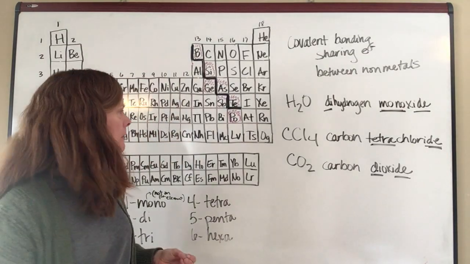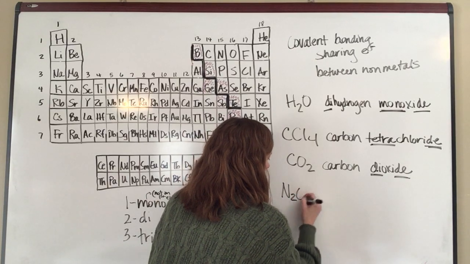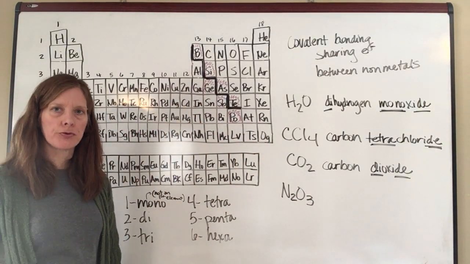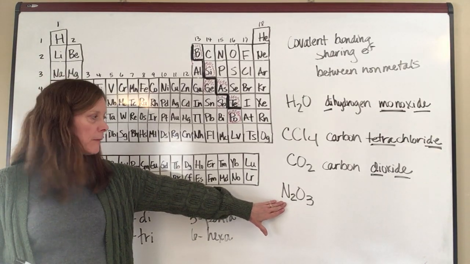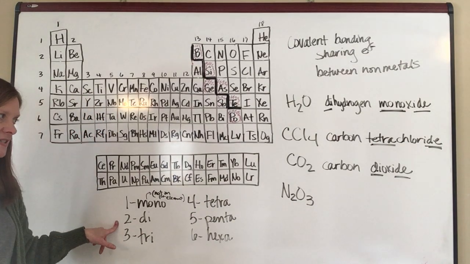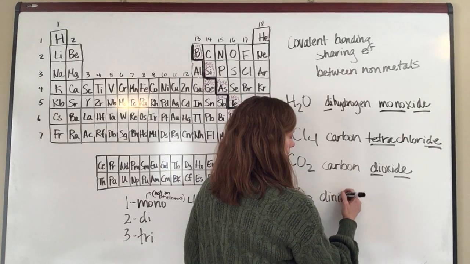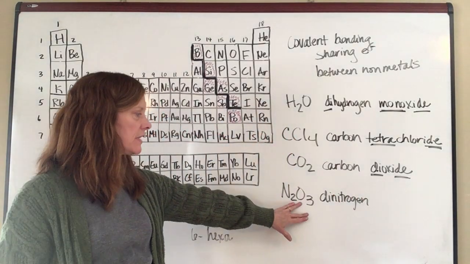Okay, how about if I had this one, N2O3. Nitrogen, how many of them do I have? 2. Okay, 2 is di, so it's going to be dinitrogen. And then what do I have here?